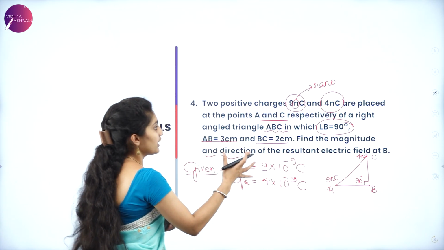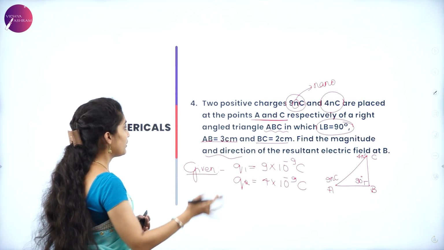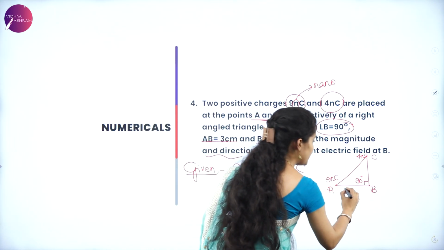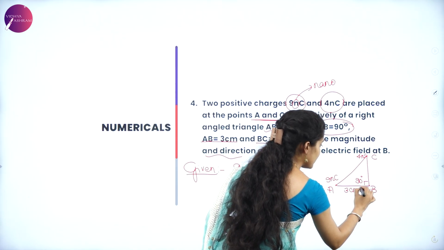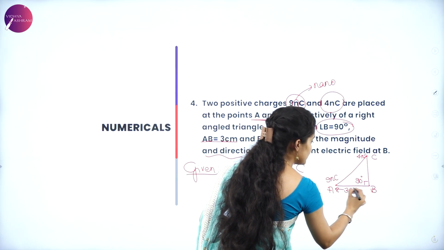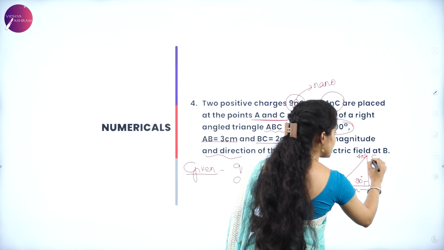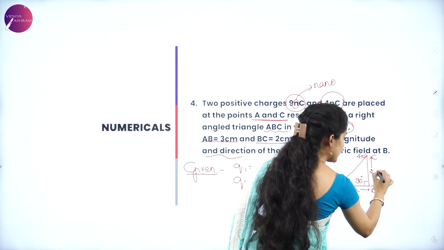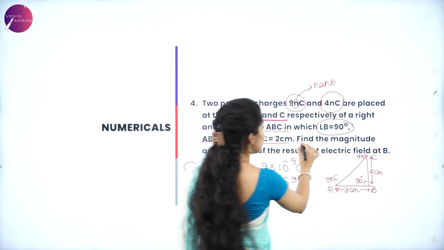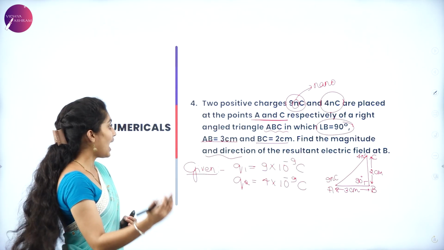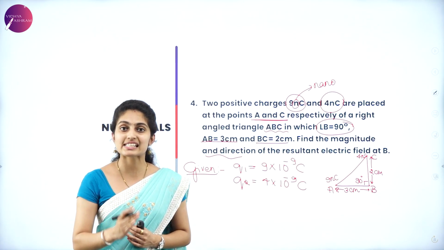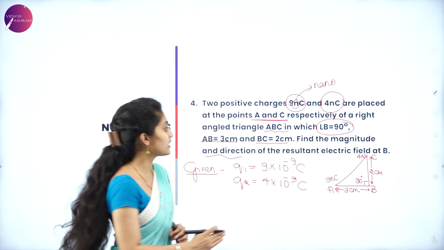So we have B as 90 degree. AB is said to be 3 centimeters. BC is 2 centimeters. Find the magnitude and direction of the resultant electric field at B.